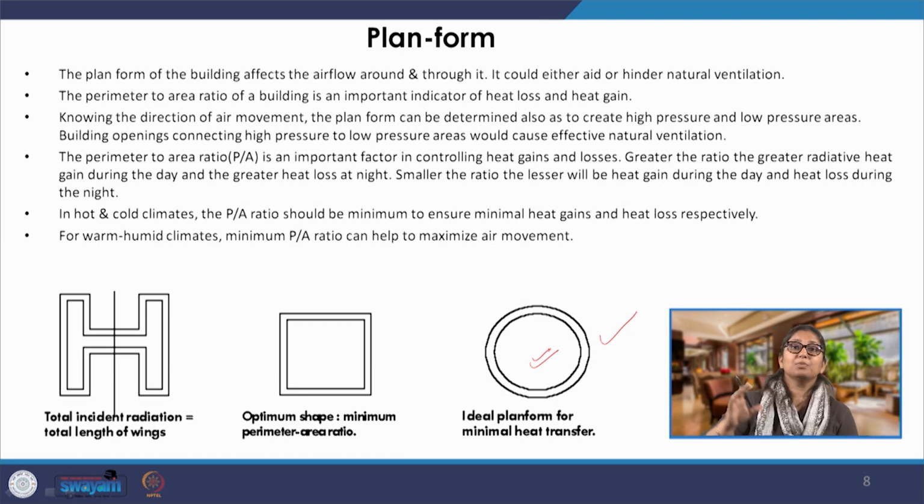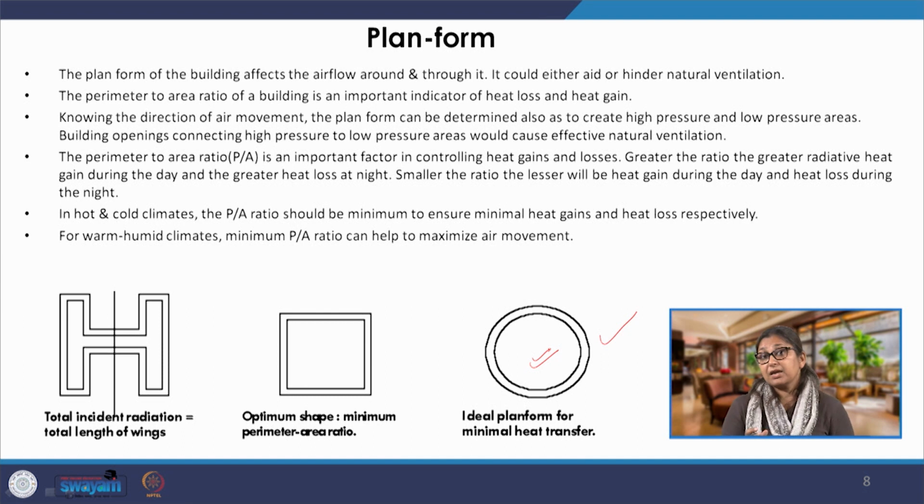You can look at bhungas from Rajasthan, you can look at the Kutch houses, they are all circular because it reduces the amount of heat that is coming in through direct solar radiation, and on top of that we add other design features such as shading.